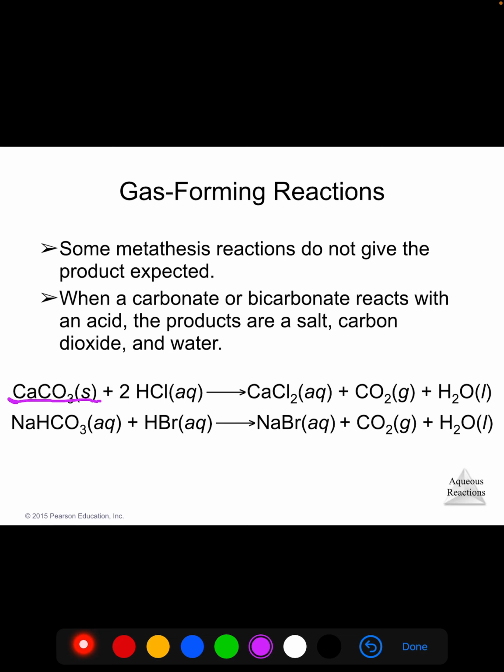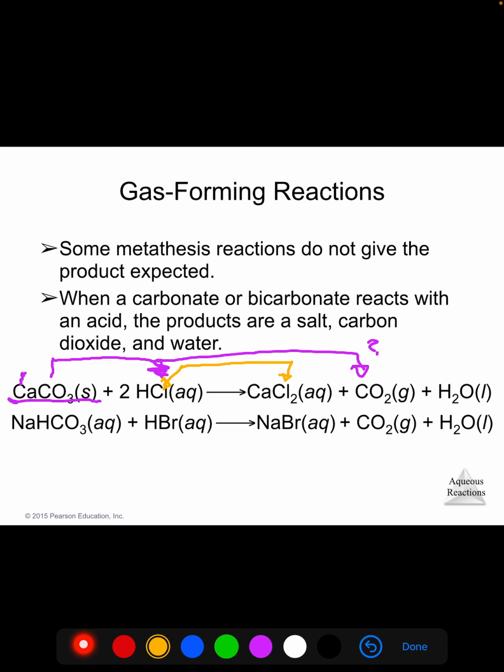Again, the carbonate will go with the hydrogen, or will it? And the calcium goes further, or will it? And let's do the chloride. The chloride will go with the calcium now instead of the hydrogen.